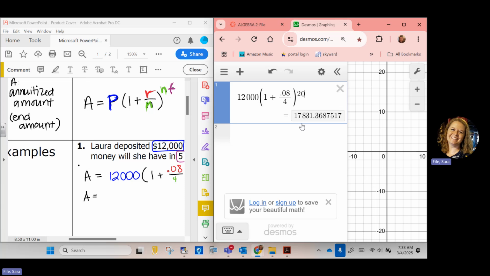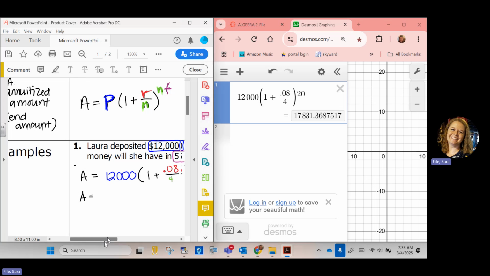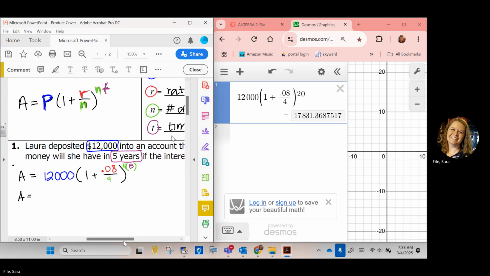Now we're talking about money, right? What place value should we round to when we're talking about money? Should I write all of these? No. What place value? Where should I stop? The hundredths. Money, like your cents is only going to go up to 99 cents, right? Because then when it's 100, it rounds up a dollar, goes up to the next dollar. Okay, so hundredths place for money. If you need to make note of that on your notes somewhere, make note of that.